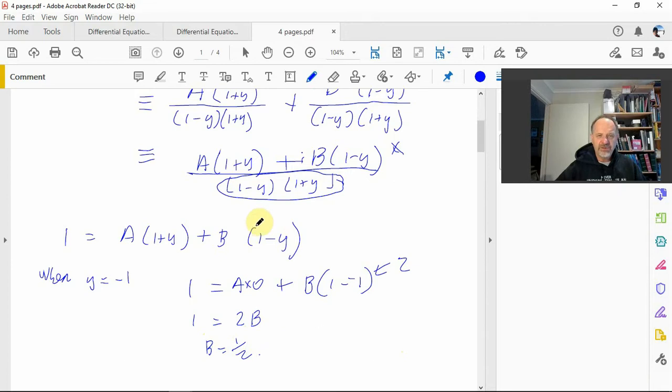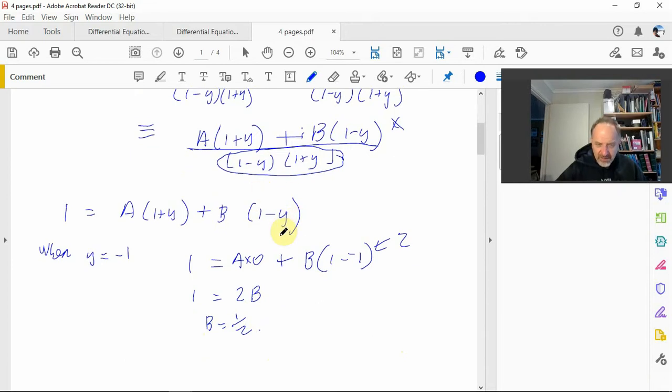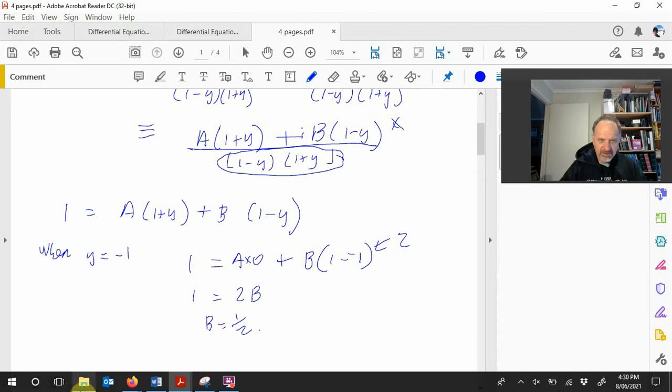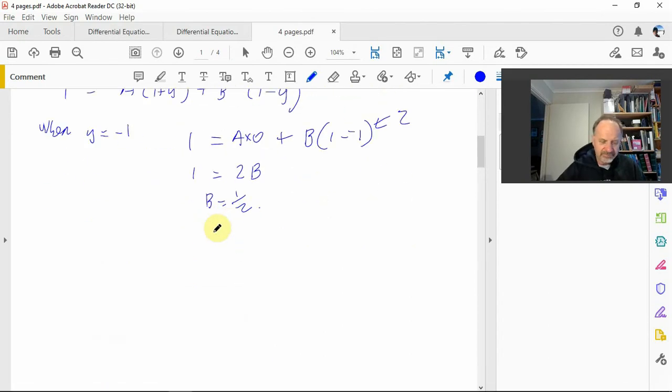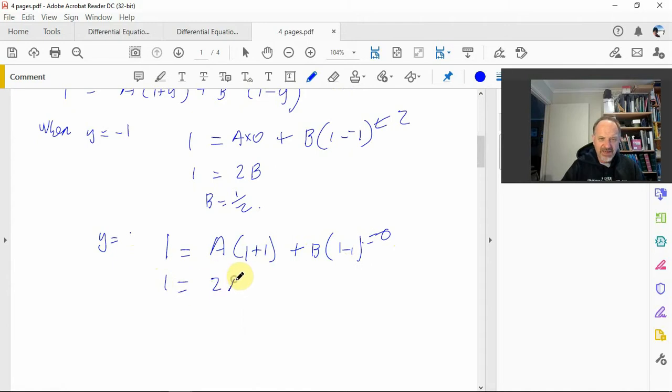And then if we do a similar thing and have a look here and say, okay, well, if y is 1, then this bracket becomes 0. So when y equals 1, we'll have 1 equals a times 1 plus 1 plus b times 1 minus 1, which of course is 0. So we'll have 1 equals 2a, and so a is a half as well. All right.